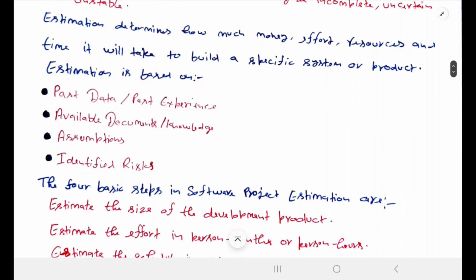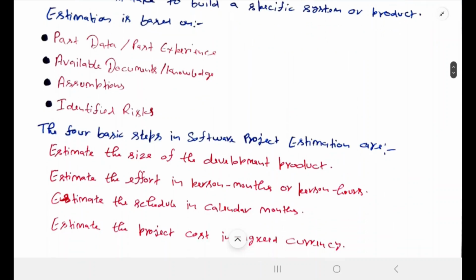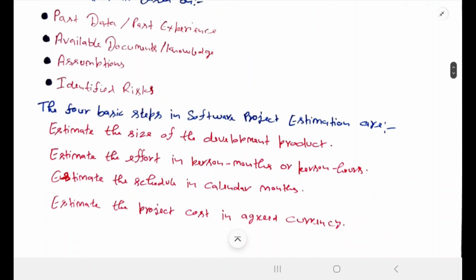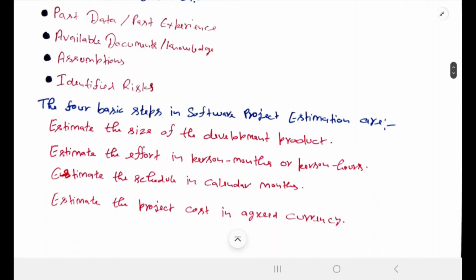Here, the four basic steps in software project planning estimation are: we will estimate these four things. First, estimate the size of the development product. Second, estimate the effort in person-months or person-hours.